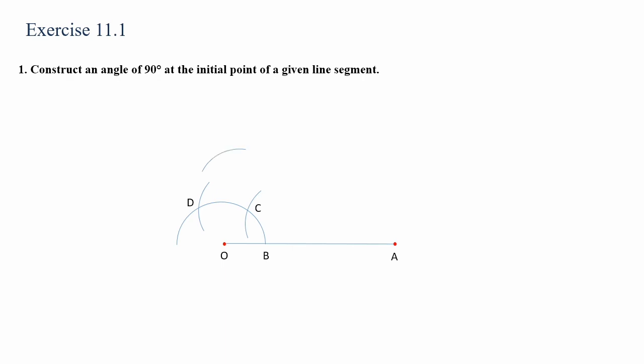So keep your compass at C and draw an arc, and using the same radius, here you should not change, fix the compass at D and cut the arc. Both arcs are intersecting at this point, label the point as P and join OP. And here the angle AOP so formed is 90 degree. So this is the angle 90 degree.